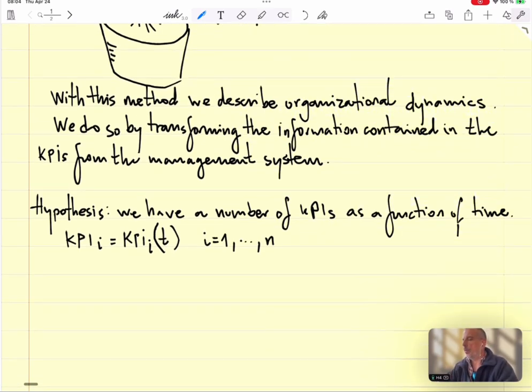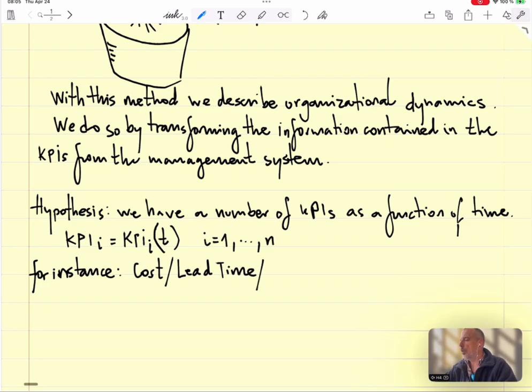So, for instance, some KPIs could be cost, or could be lead time, or could be return on invest, could be cash flow, anything, okay?